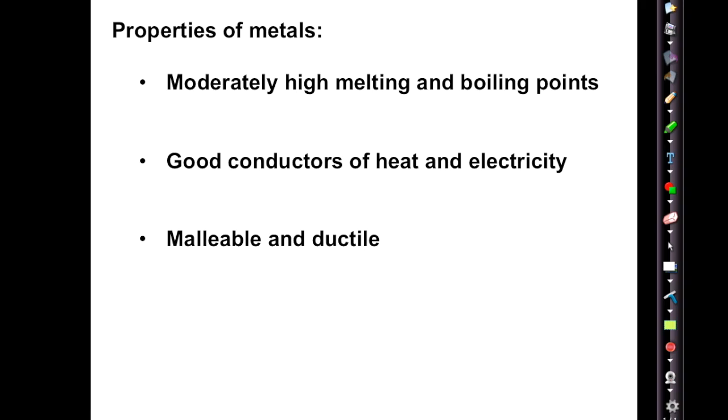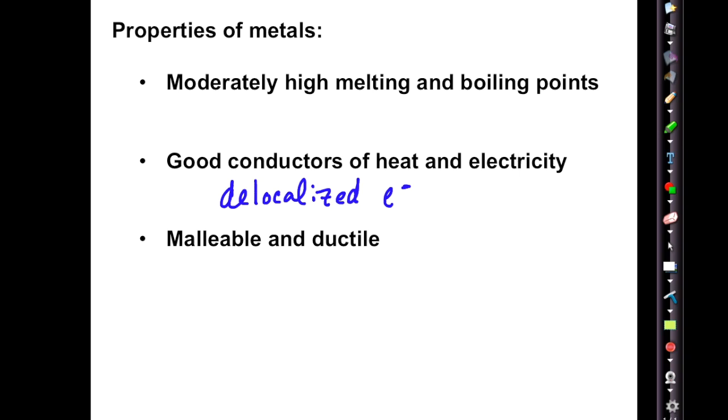So metals, we see, are good conductors of both heat and electricity, and this is actually a result of that electron sea metallic bonding model because of the delocalized electrons. So remember, we have these delocalized outer electrons that are not bound to any particular metal nucleus.